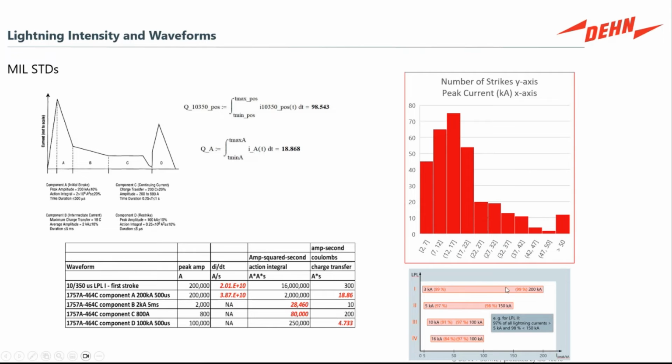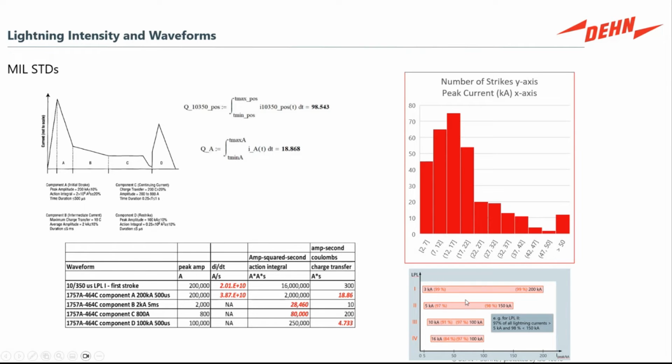And in the lower right, this is the definition of the classes in IEC. In other words, we say that the class 1 has the highest risk, things like a hospital full of babies and liquid oxygen, or a high value data center operation, where we account for all of the low value intensity strikes and all of the high value intensity strikes.